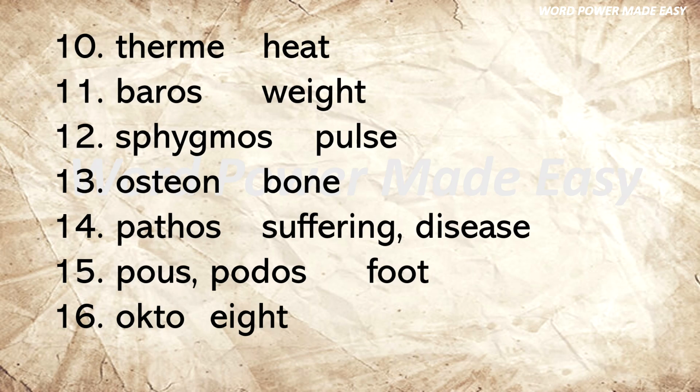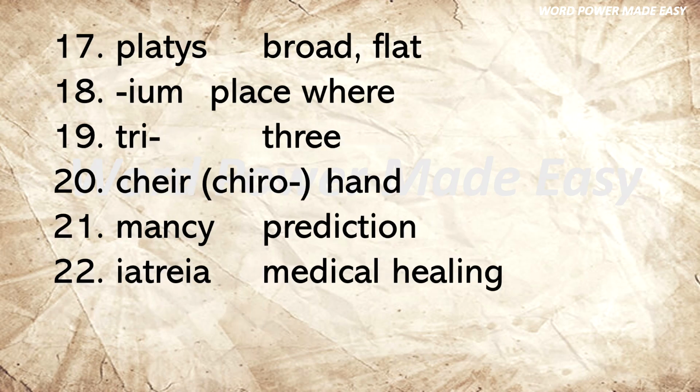Baros, weight. 12. Sphygmos, pulse. 13. Osteon, bone. 14. Pathos, suffering, disease. 15. Pous, podos, foot. 16. Octo, 8. 17. Platys, broad, flat. 18. -ium, place where. 19. Tri, 3. 20. Cheir, chiro, hand. 21. Mancy, prediction. 22. Iatria, medical healing.